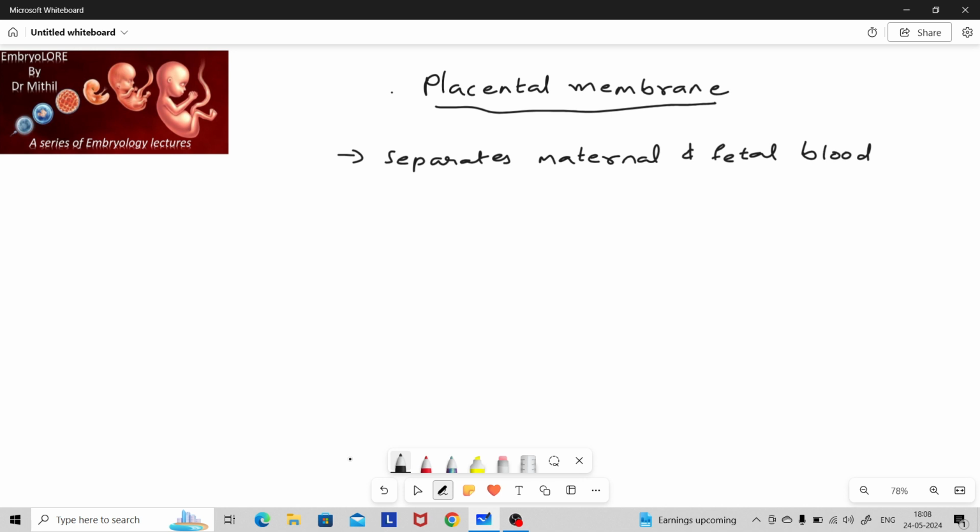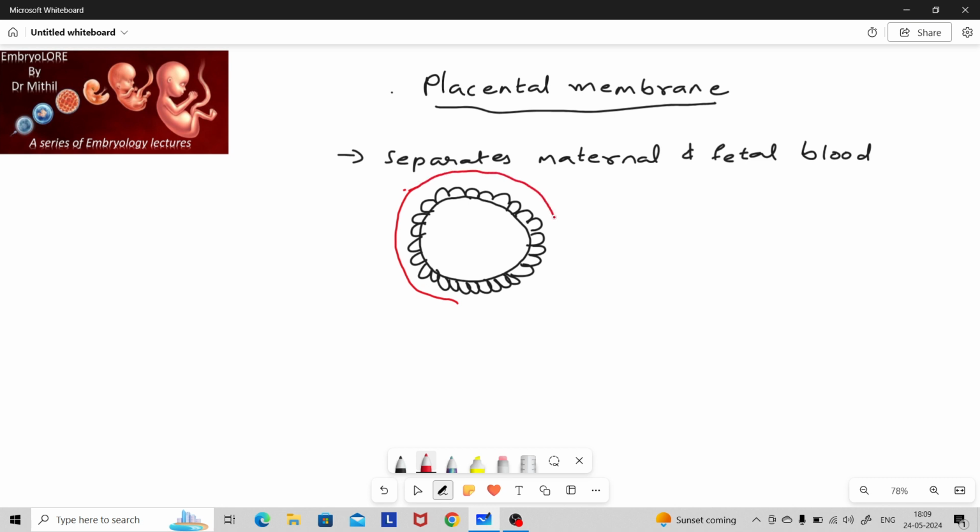First of all, this is the layer on which we will see the cytotrophoblast. When I say the cytotrophoblast, obviously it will be surrounded by the syncytiotrophoblast.